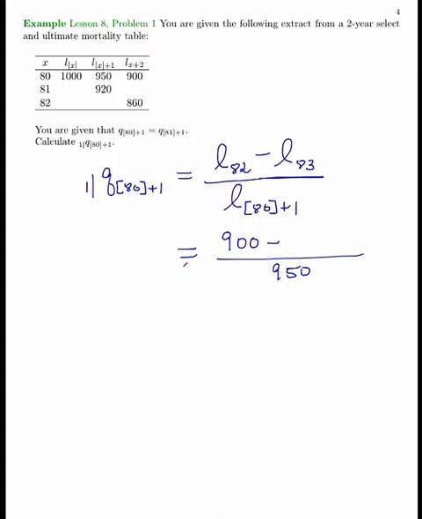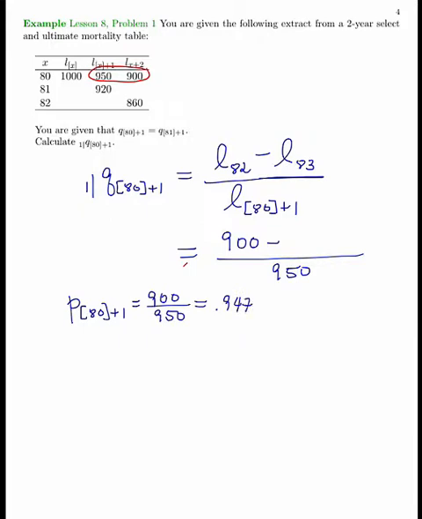And, well, I can see that if I look at these two entries, I can compute P80 plus 1, right? P80 plus 1 is going to be 900 over 950, which is about 0.947.